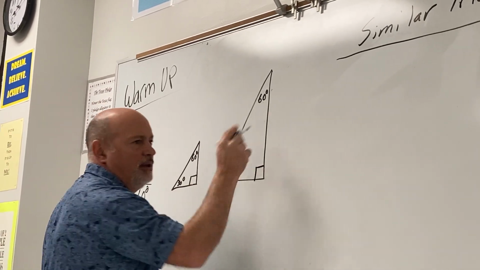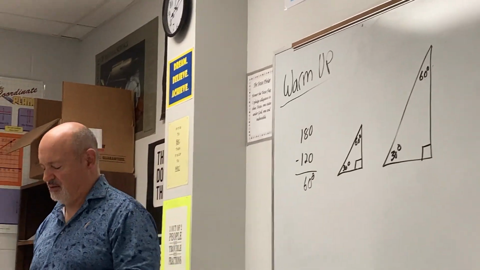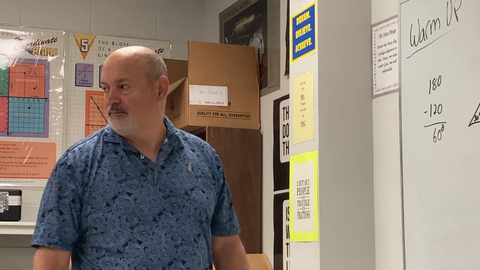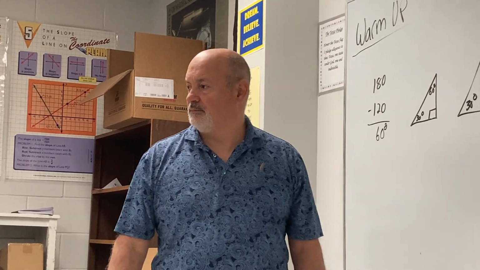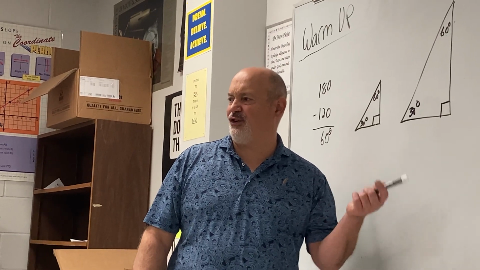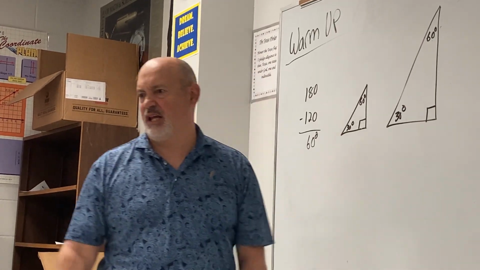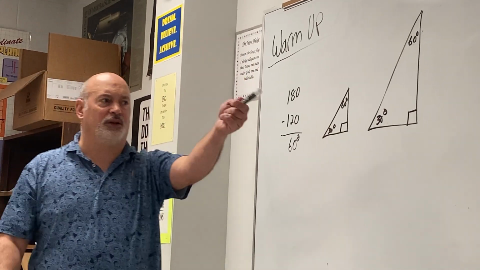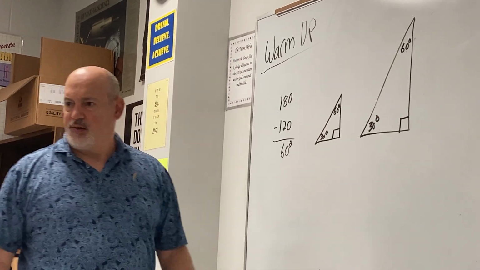Why does the rule only say two angles? Not three. Because you could just find the last angle by subtracting. Yeah, but why does it say we only need two instead of all three? Because we found out all three of these angles are really the same. But the rule only says two. Because they're similar, not equal.